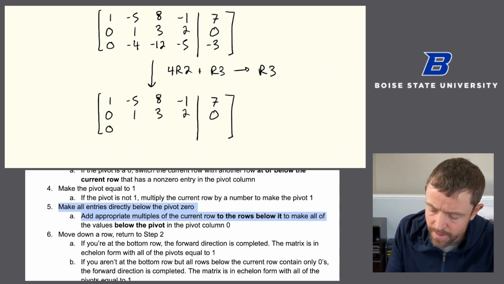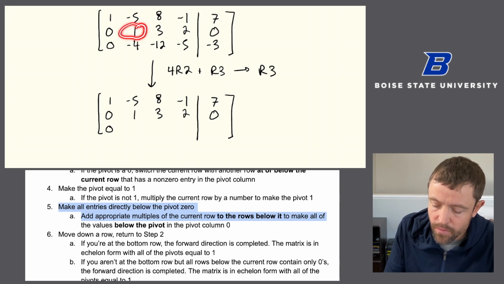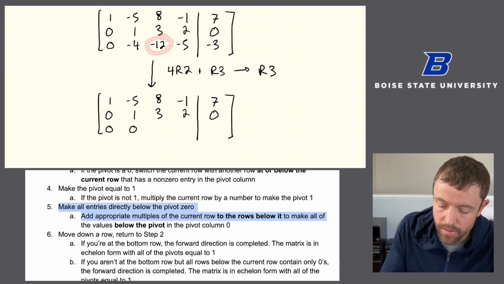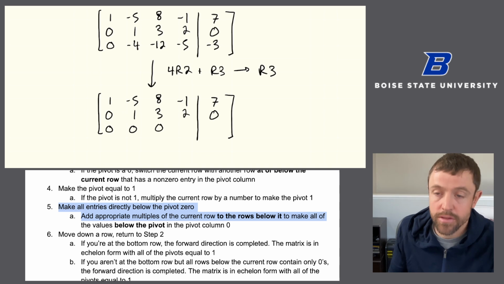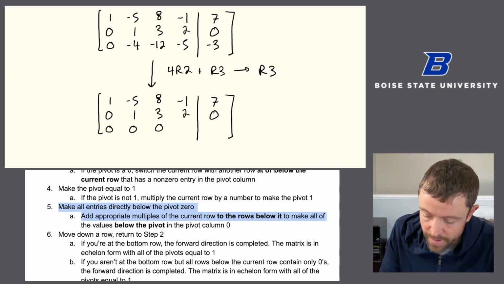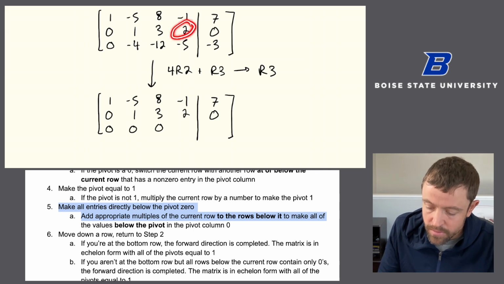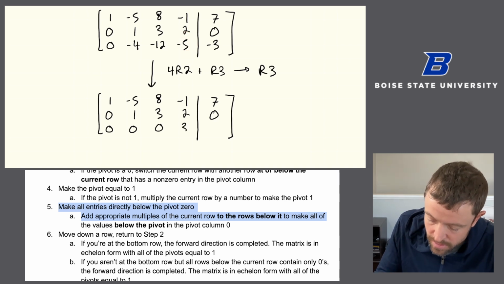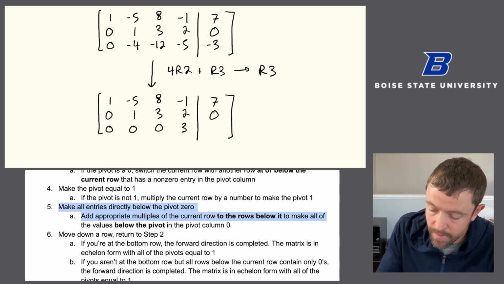All right. 4 times 1 is 4, plus negative 4 is 0. 4 times 3 is 12, plus negative 12 is also 0. Oh, we got another 0. We weren't even trying to do that, but that works fine. 4 times 2 is 8, plus negative 5 is 3. 4 times 0 is 0, plus negative 3 is negative 3.